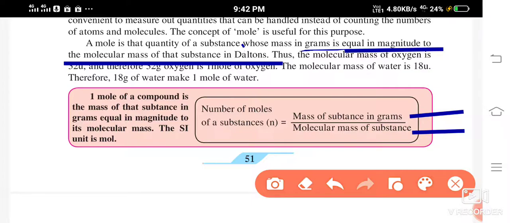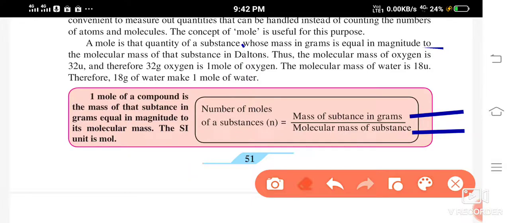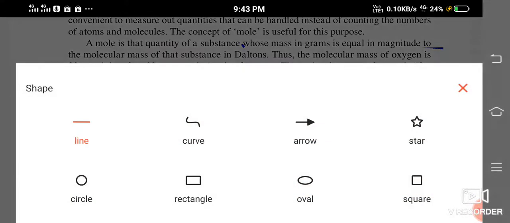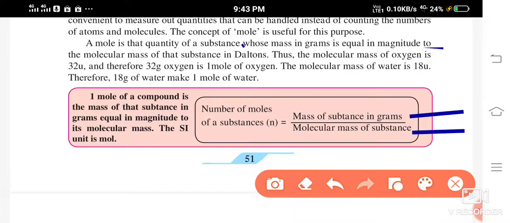Thus, the molecular mass of oxygen is 32 Daltons, and therefore 32 grams of oxygen is 1 mole of oxygen. So, what is the molecular mass of oxygen? It is 32, isn't it? It is 32 Daltons.